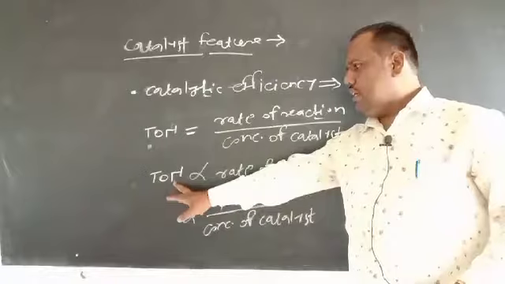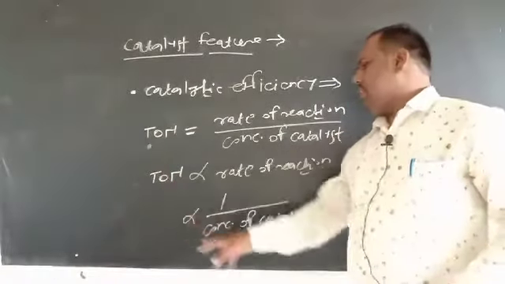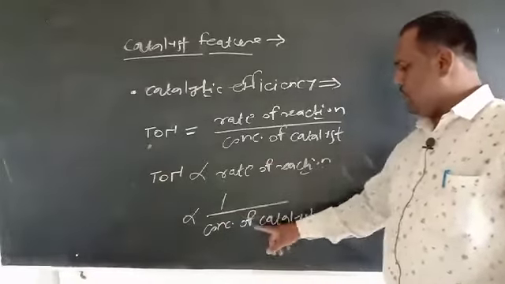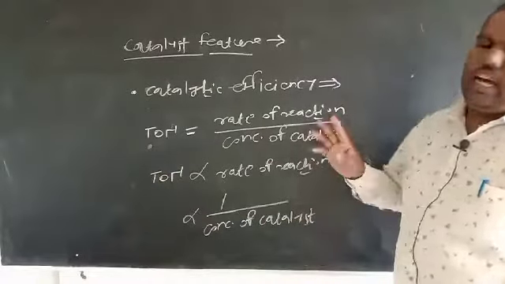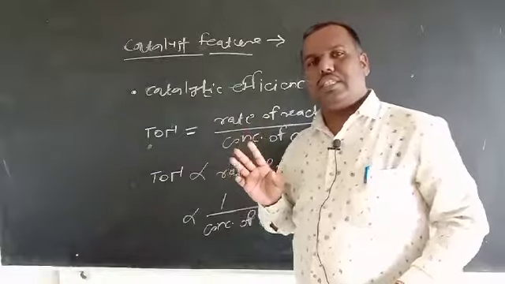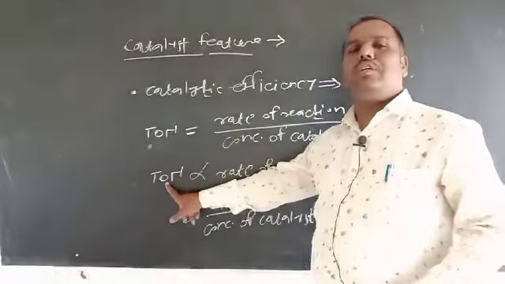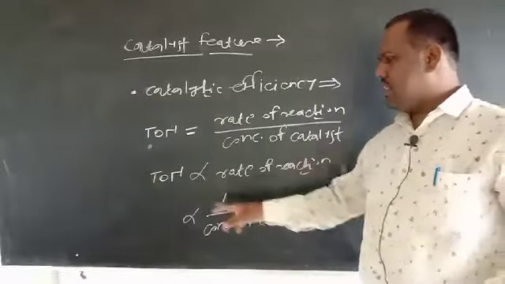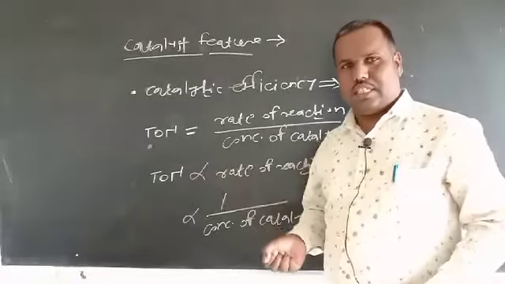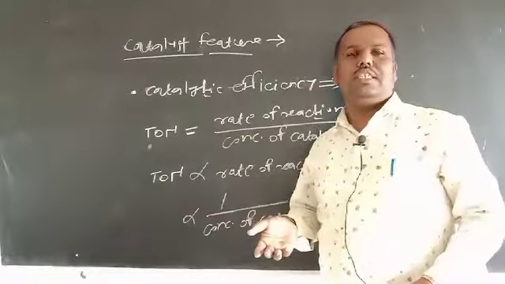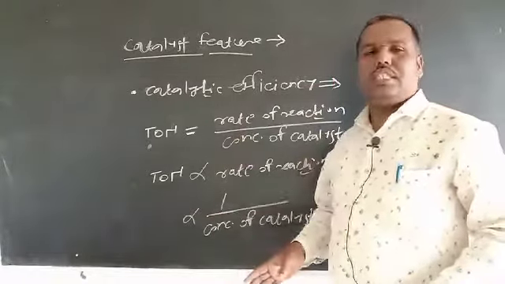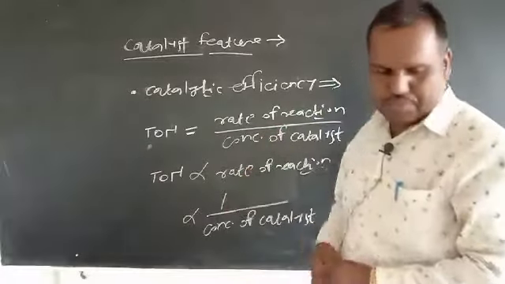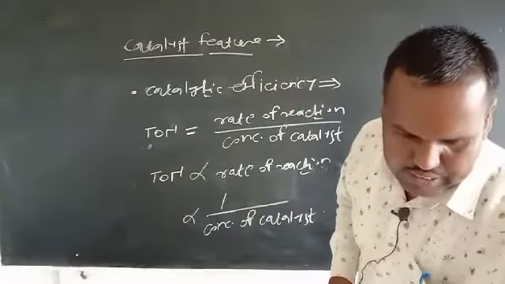As the rate of reaction increases, the turnover number also increases. As turnover number increases, the catalytic efficiency of any catalyst also increases. That is, the catalyst is very active.